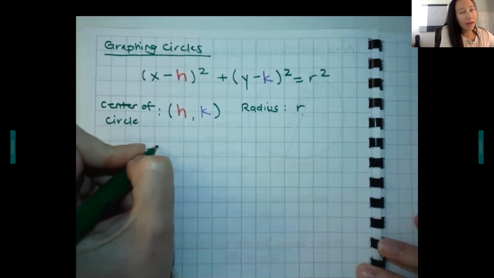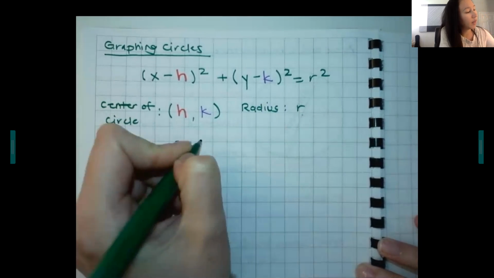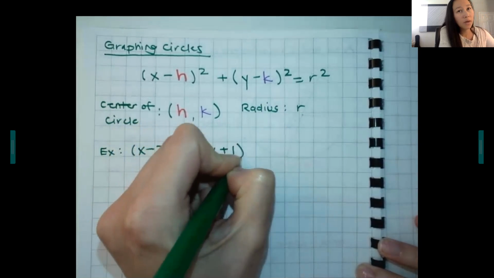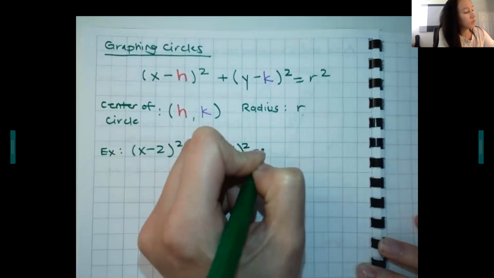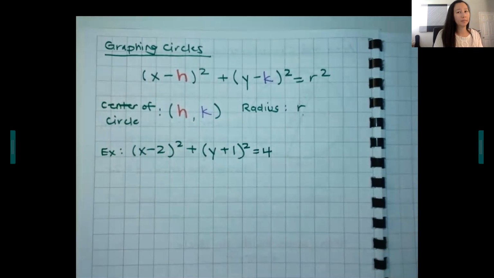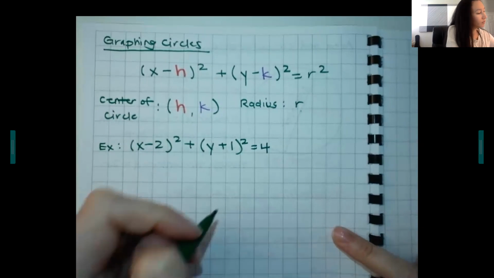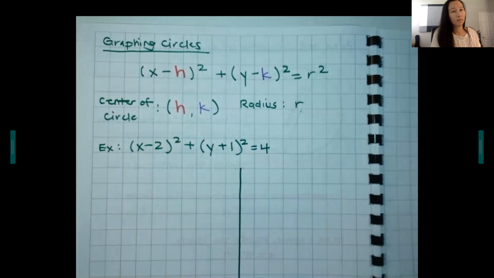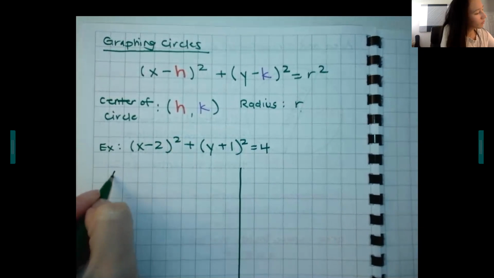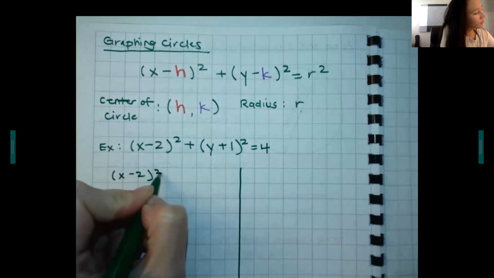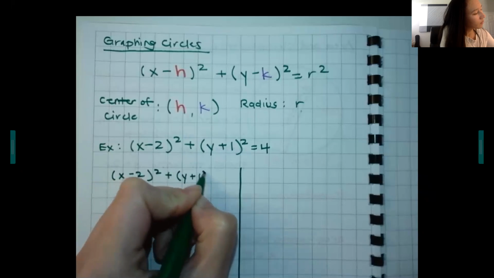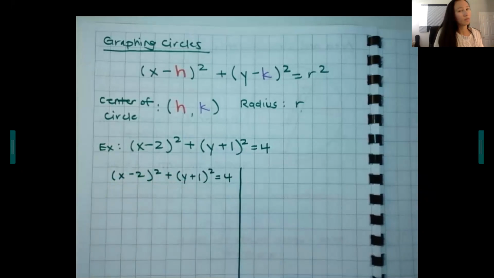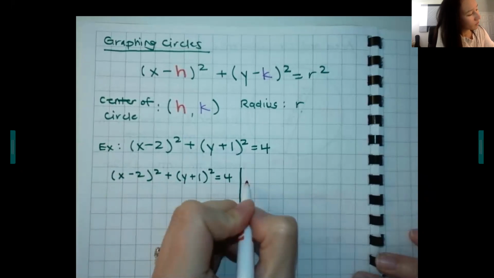So say we have (x - 2)^2 + (y + 1)^2 = 4.